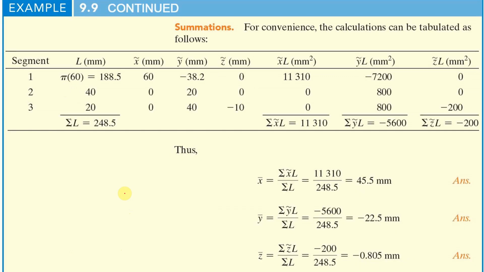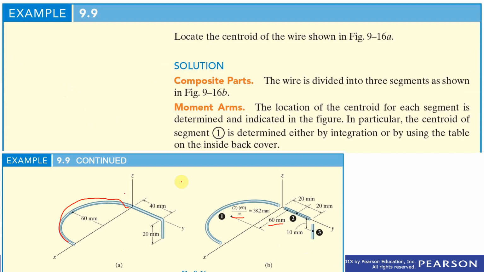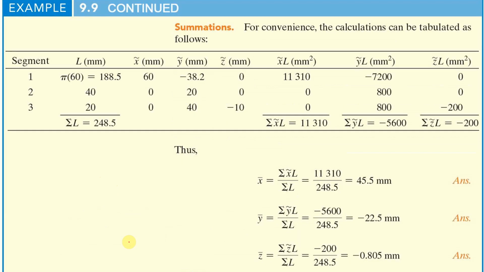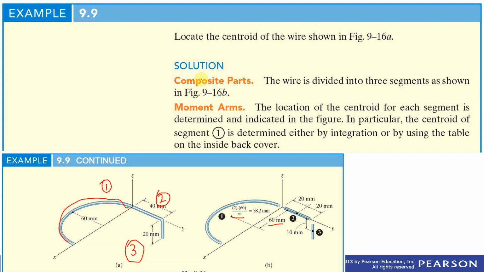Length 2 is 40, and length 3 is, so there's number 1, number 2 segment, number 3 segment. Center of mass, x coordinate, y coordinate, let's see.